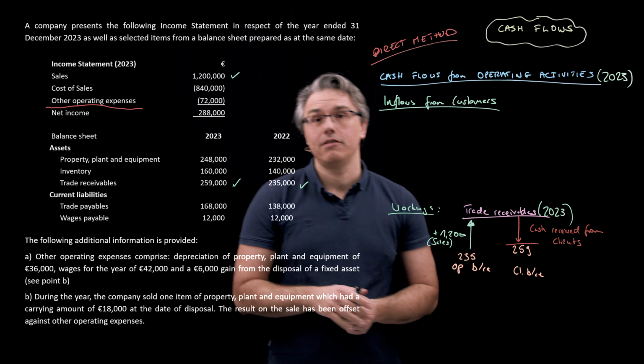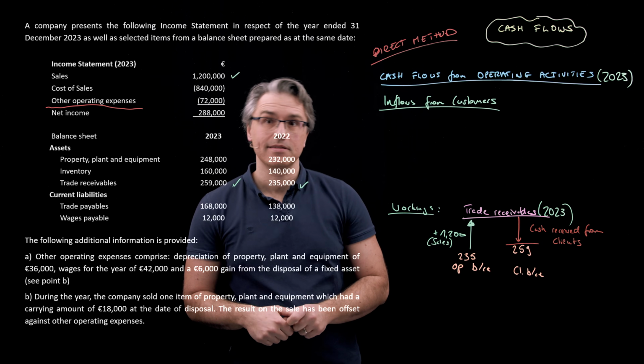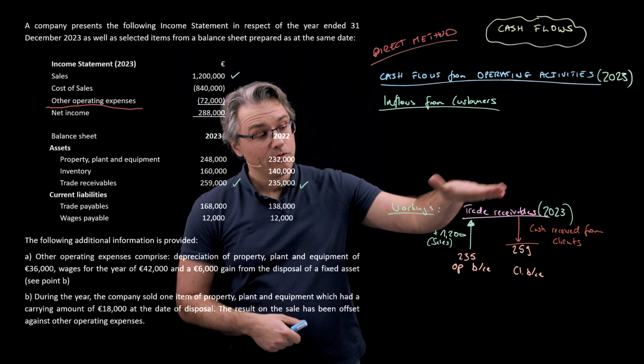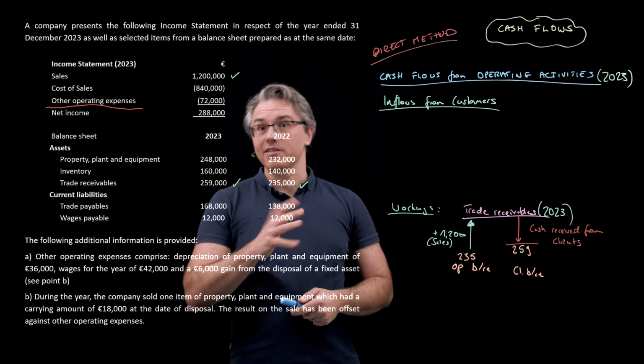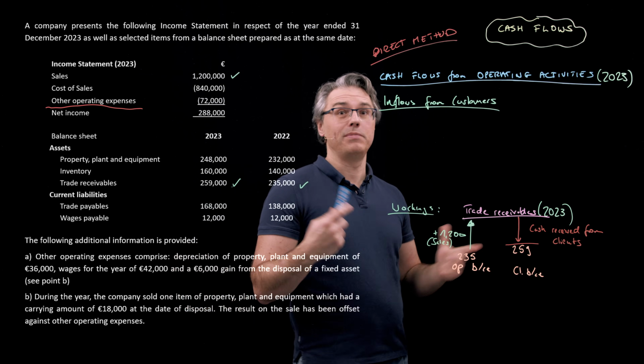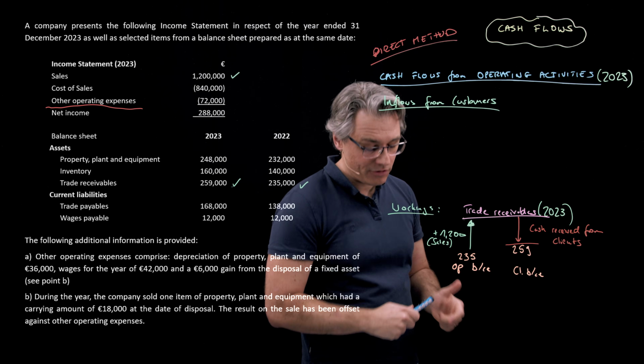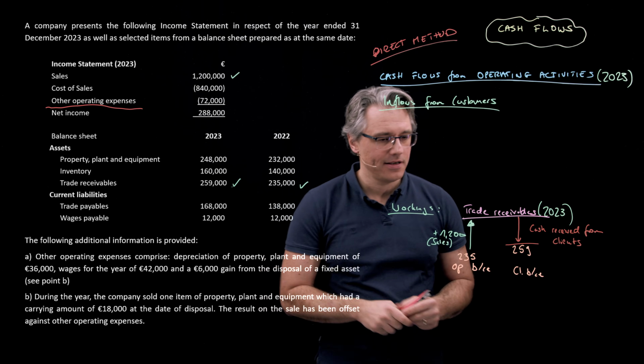Now, in reality, there are other things that can influence this as well, such as write-downs of receivables, impairment of receivables, so various subjective deductions when you believe a client can't pay you and will not pay you, but this is not the case here.